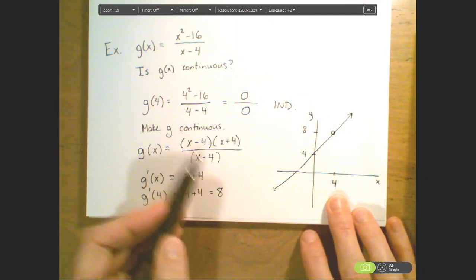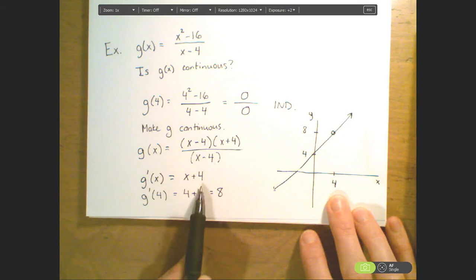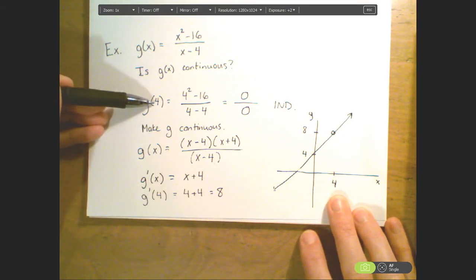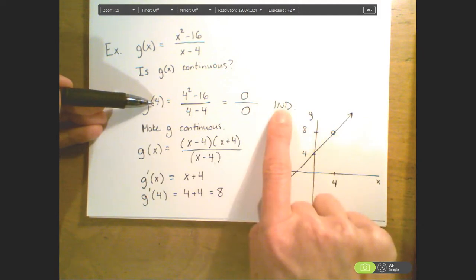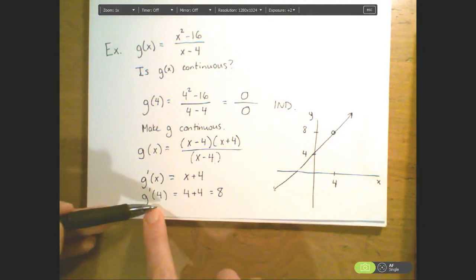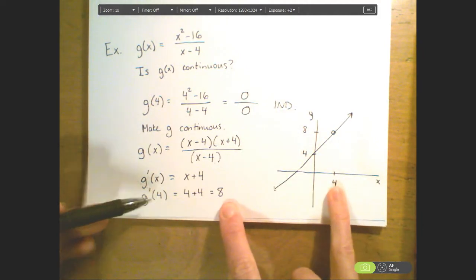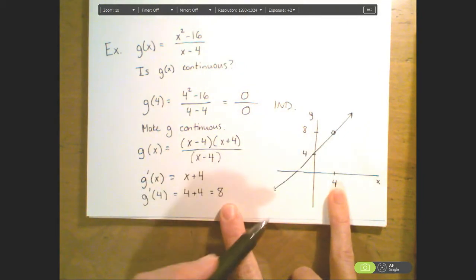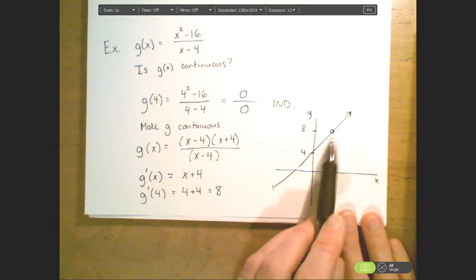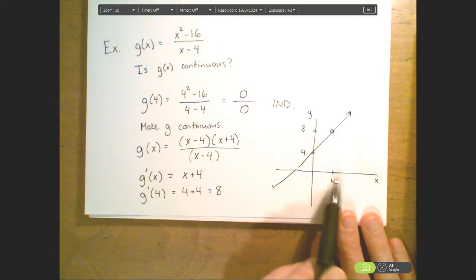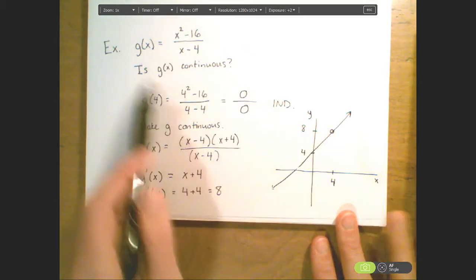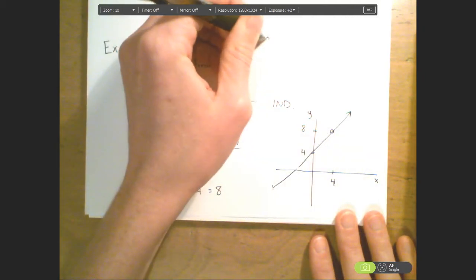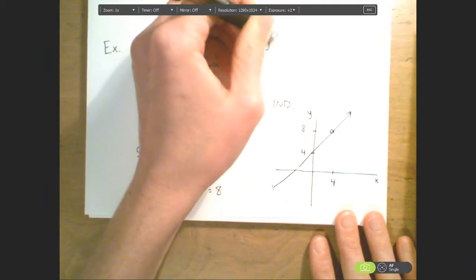So by factoring out that discontinuity and getting this simplified function, I can see that up here when I plugged in 4, I got an indeterminate result. But when I plug in 4 into the simplified function, I get a y value of 8. That tells me that if I were to add a y value of 8 when x equals 4, this function will be continuous. So I'm going to write a new function, maybe g double prime of x.